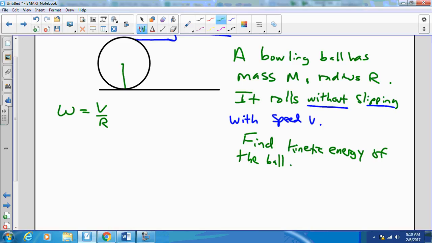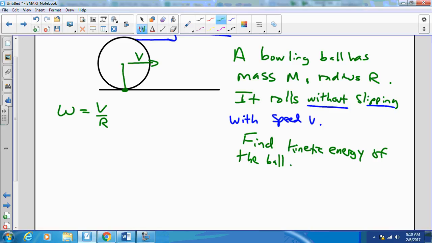Now, why is this? Well, consider this bowling ball as it rolls down the lane with a speed of v. In order for it to roll with the speed of v, the ball must roll about this point of rotation right here. We talked about that previously.